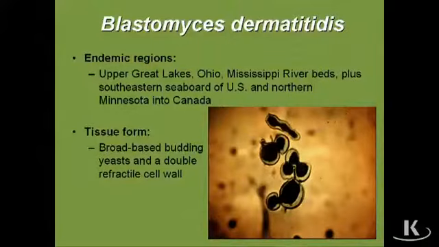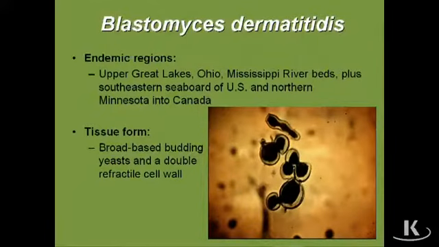What is it associated with? They're thinking probably rotted wood, so something like that can come from an association with beaver dams, but the absolute association is not definitive. So what's the endemic region here? Very similar to histoplasma, but it goes further north up into Canada, and it goes a little bit further south.